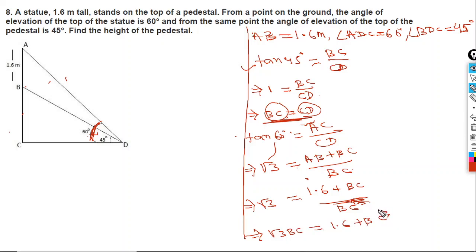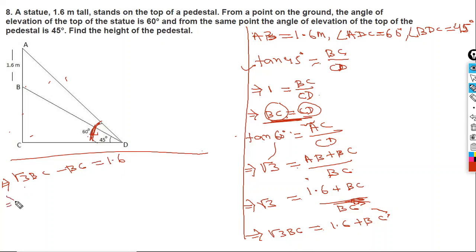Now we will bring this BC to LHS. Root 3 BC minus BC is equal to 1.6.